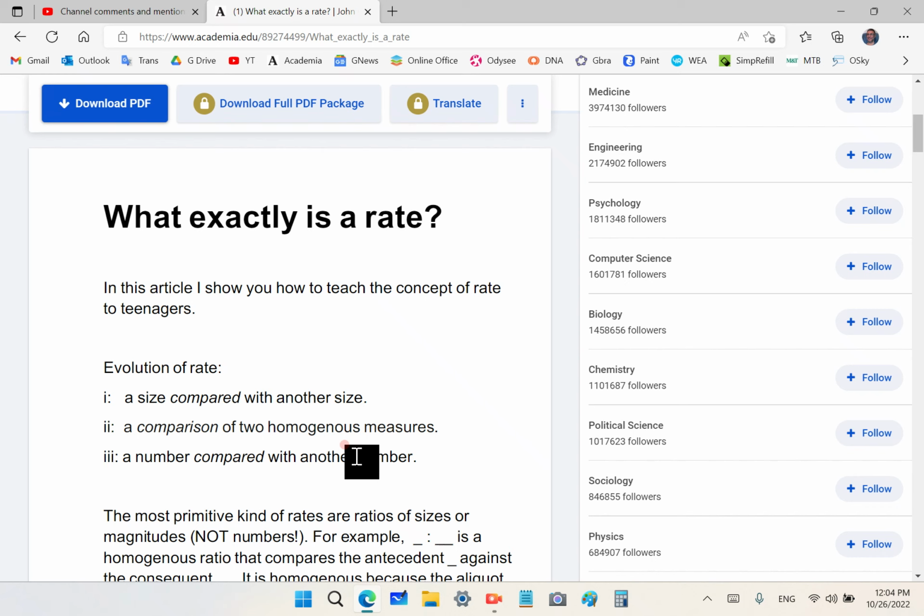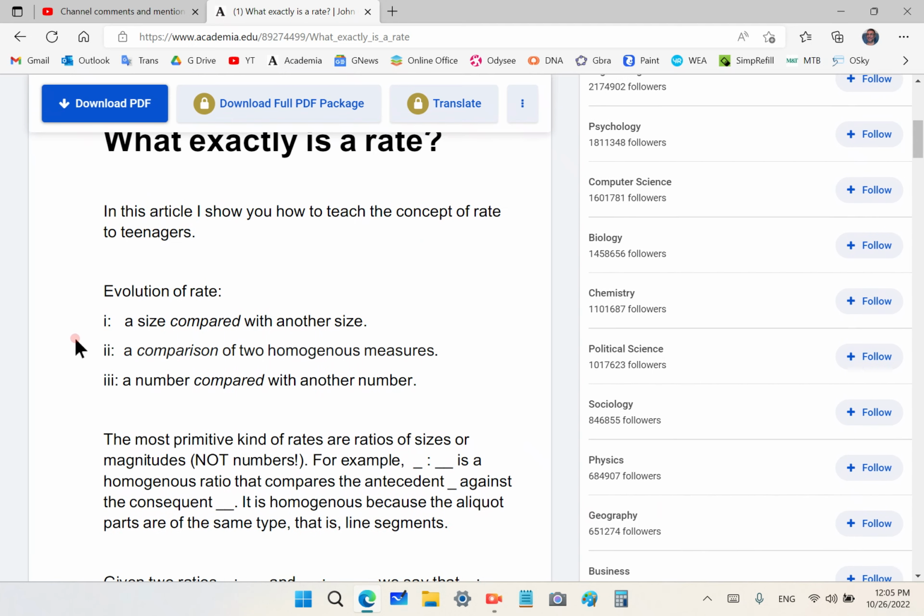So by comparing the numerator to the denominator, you're able to establish what the proportion is of a certain fraction, right? So for example, if you've got 3/5, that tells you that for every 3 in the numerator, you have 5 in the denominator. So it's a kind of rate, but not a proper rate as such. But I'm going to show you shortly what is a proper rate.